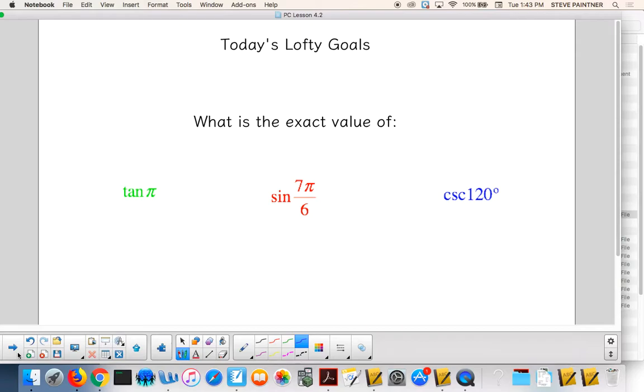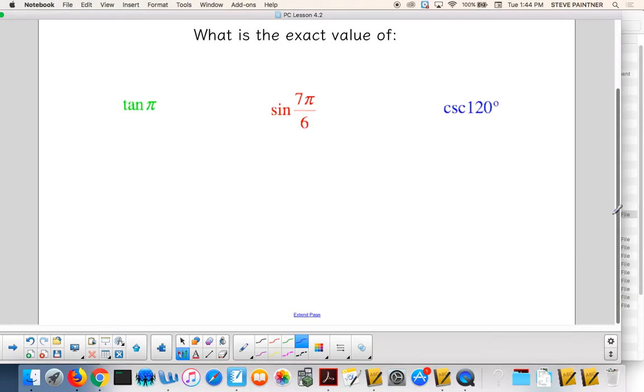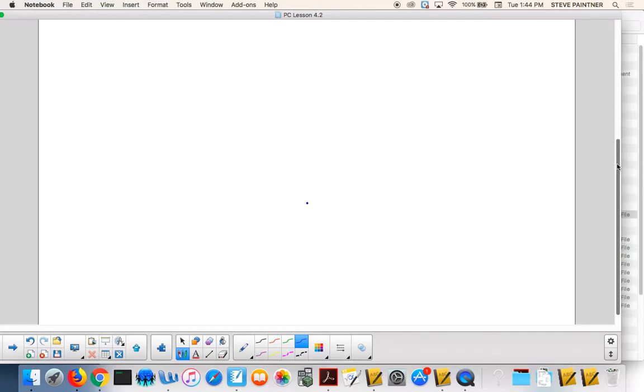This is a big, big part of your quiz test, okay? Big part. By the way, no calculator. If you're punching a calculator, you are absolutely cheating.